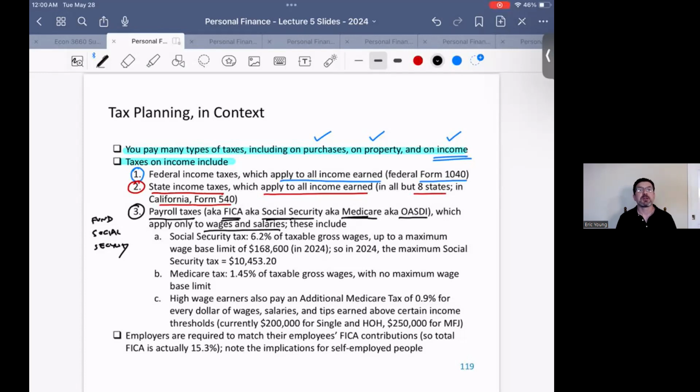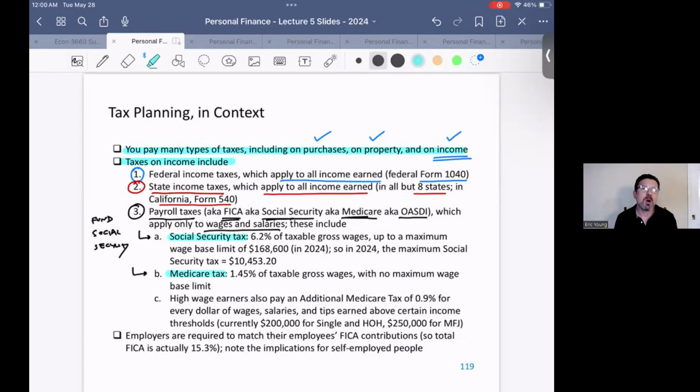Within FICA, there are a couple of other subtle distinctions. FICA technically has two distinct components. Component number one is the Social Security tax, and component number two is the Medicare tax.